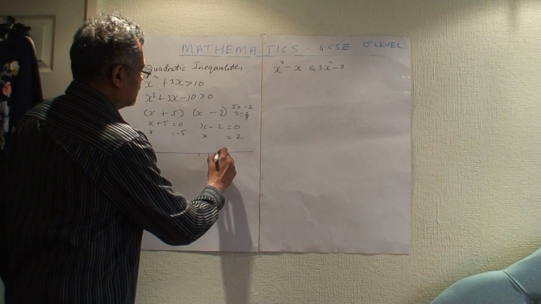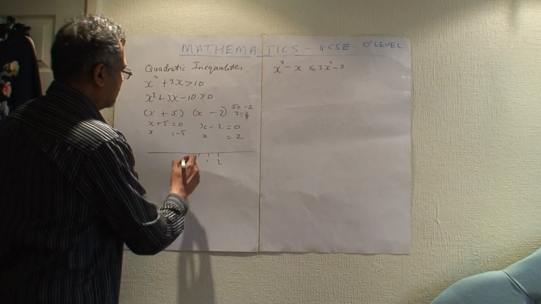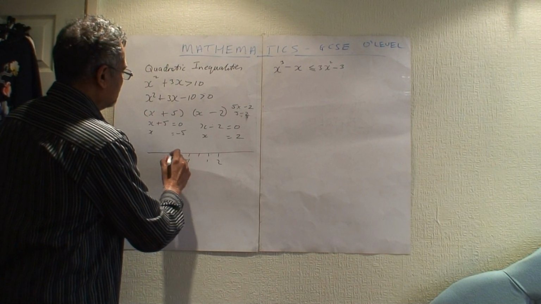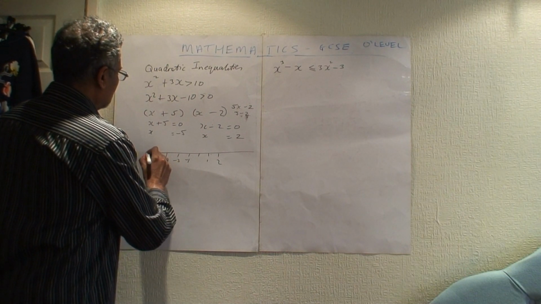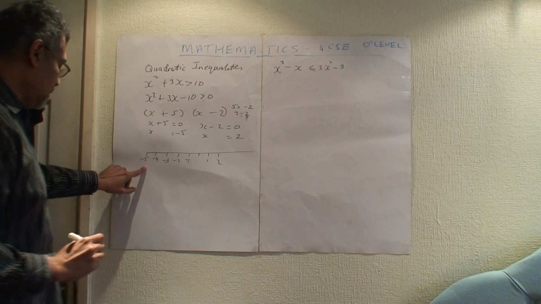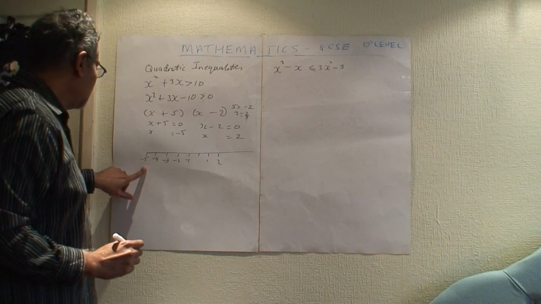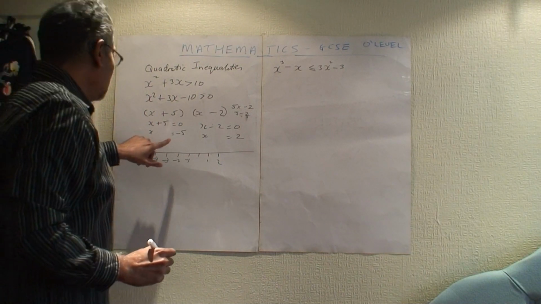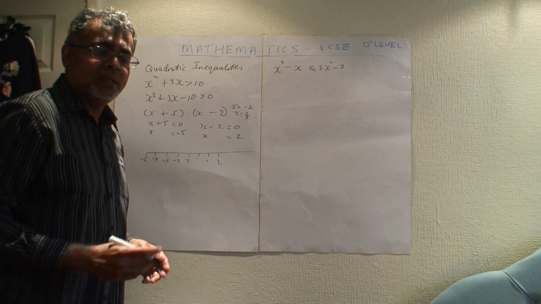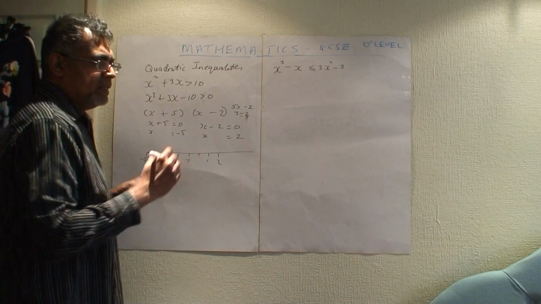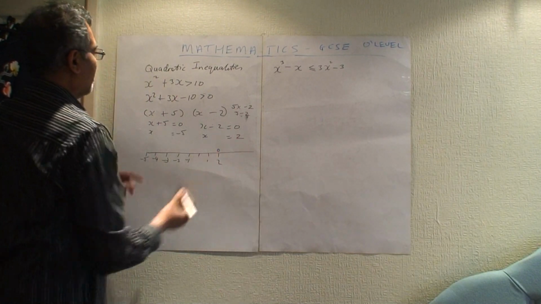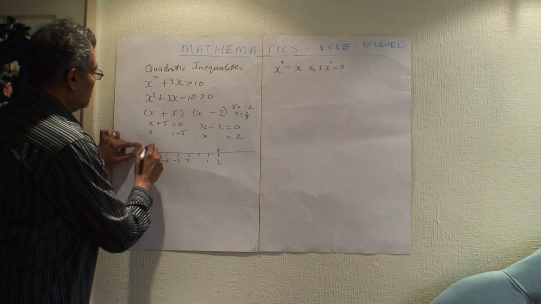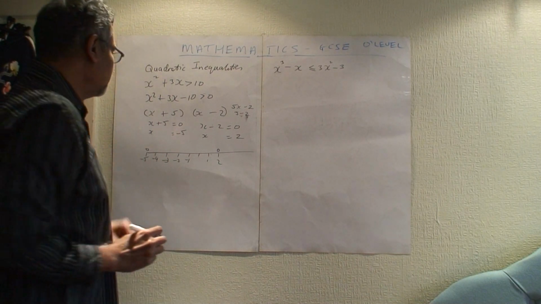So this is 1, this is 2, and going the other way, minus 1, minus 2, minus 3, minus 4, minus 5. Now we know that this is greater than, so we're going to put a circle over this 2, and we also put a circle over the minus 5.